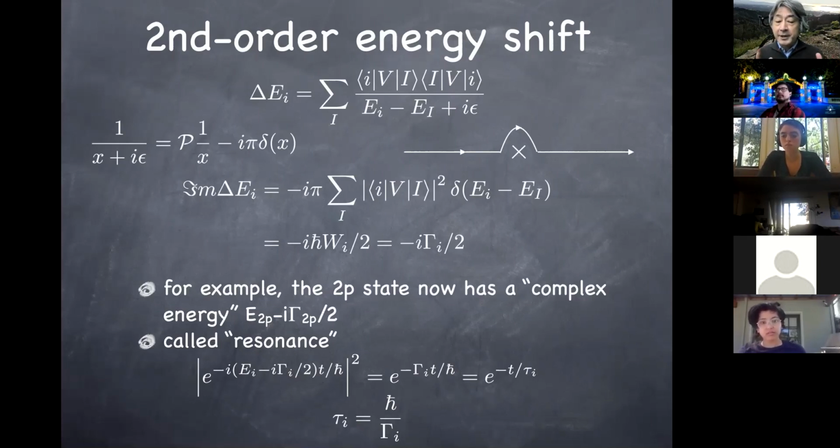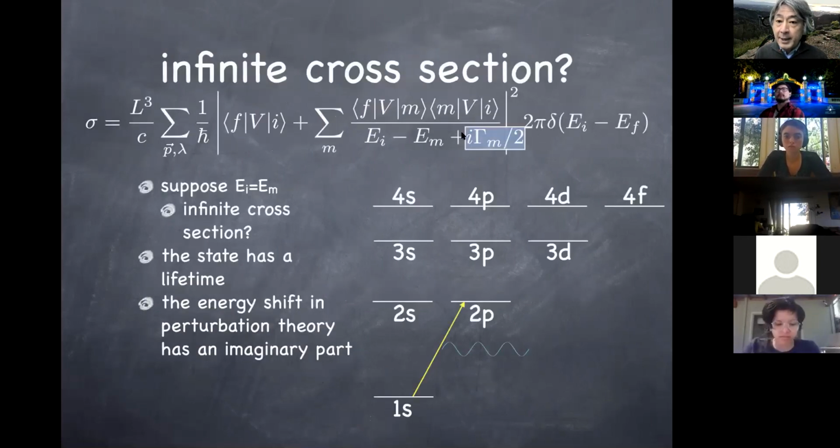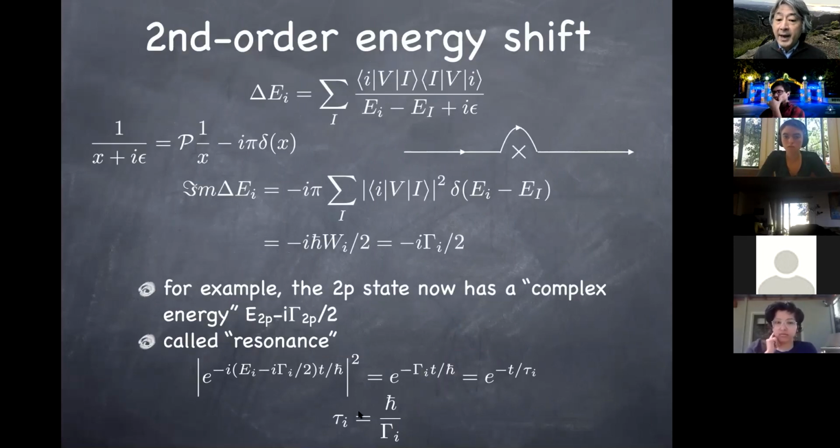So that's the argument here. And then I hope everything comes together why we needed to keep this imaginary part of the energy of the 2p state in this calculation of the cross section so that it doesn't diverge. And the origin of this imaginary part really has to do with the lifetime of the state coming from the second order energy shift.